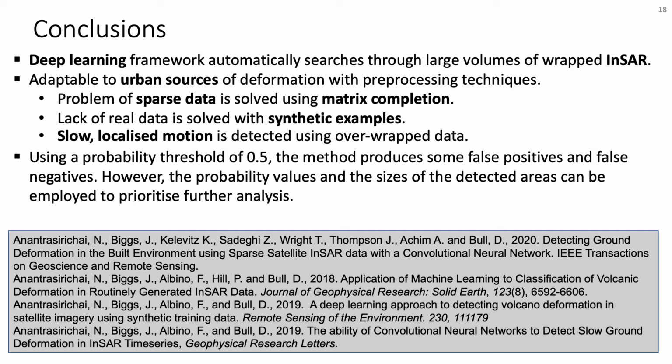We use matrix completion to overcome the sparse and uneven measurement distribution and simultaneously reduce spiky noise. Synthetic examples based on point source and kernel are used for training due to the lack of real signal and deformation. And finally, overlapping and phase shifting techniques are employed to enhance features and hence reduce the detection threshold.